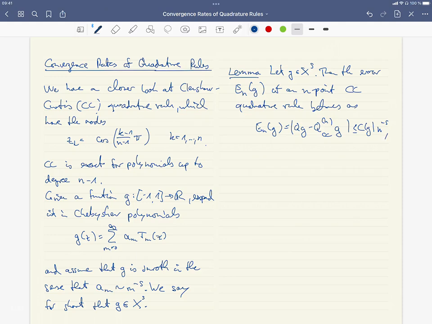So again, the convergence order is just given by the smoothness, where the constant depends on g and its derivatives.